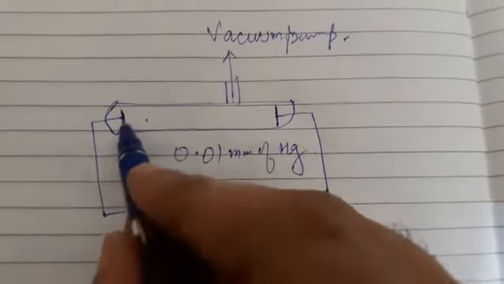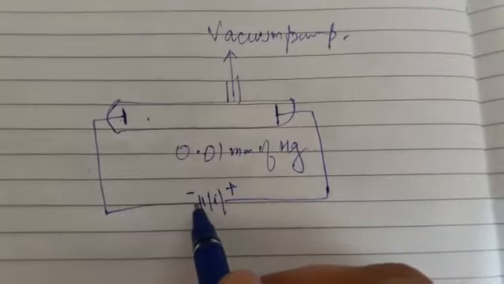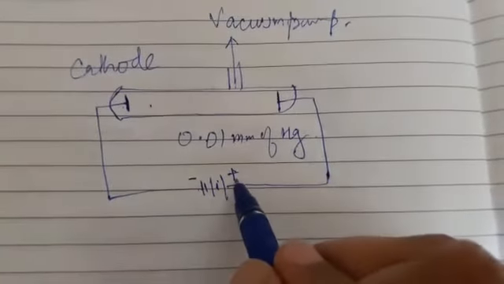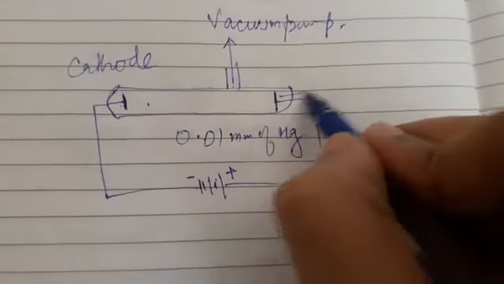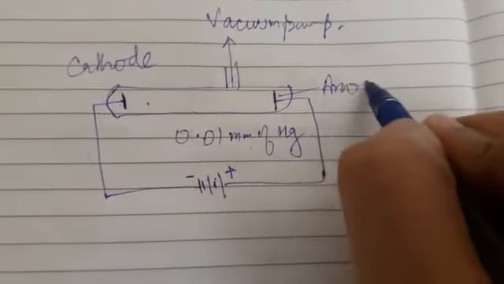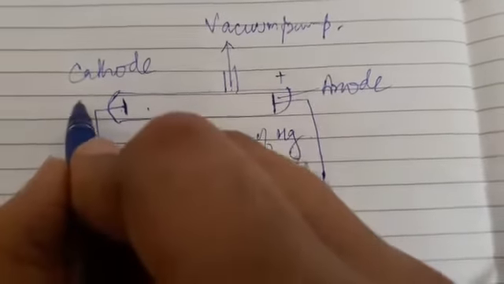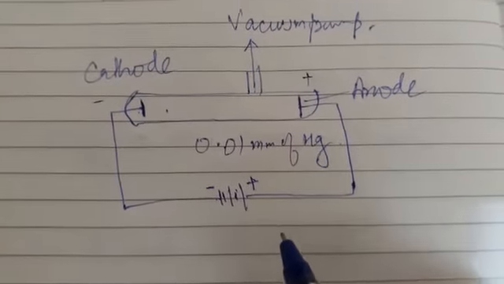The electrode connected to the negative terminal of the battery is called the cathode, and the one connected to the positive terminal is called the anode. That's why they have written plus here and negative here in your figure 4.1.